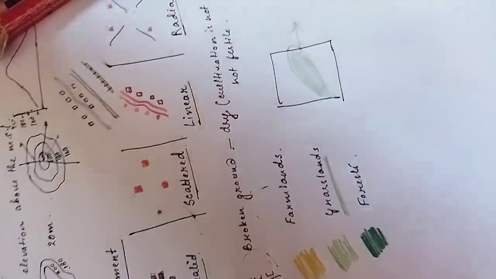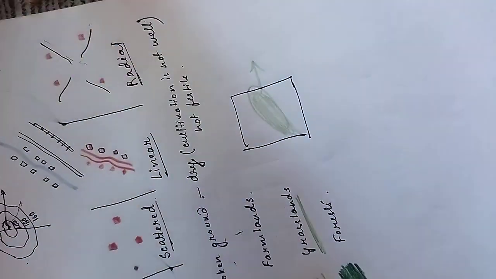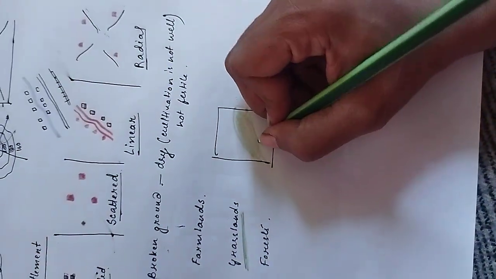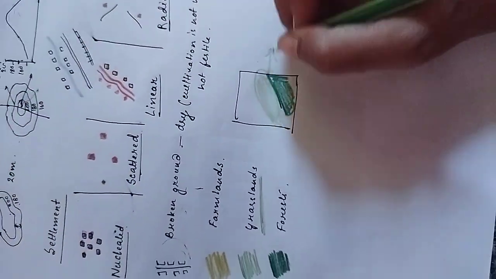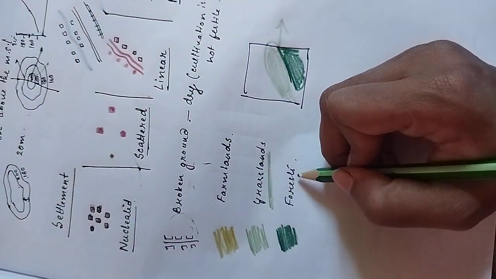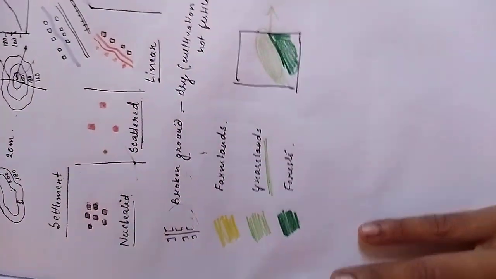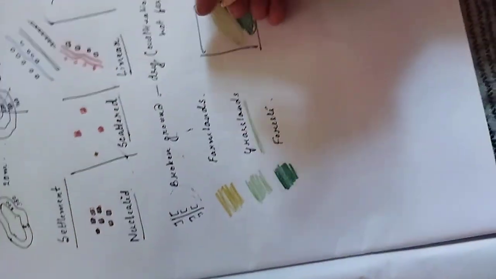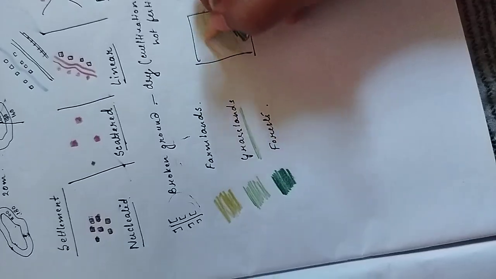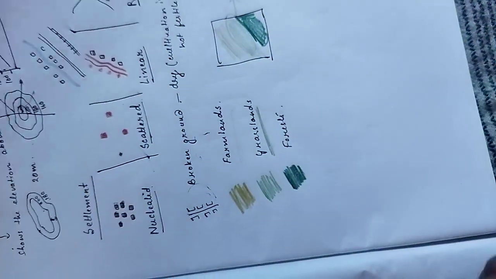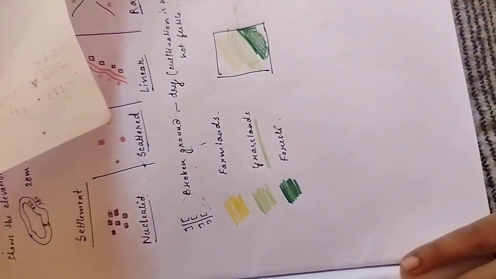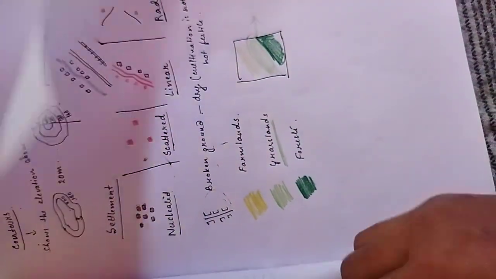If a very dark green color area is there, then we can say there are forests located over there. Or if we see yellow color on the map, then we can say that there are farmlands present over the area. So these are the basics of a topo sheet map.